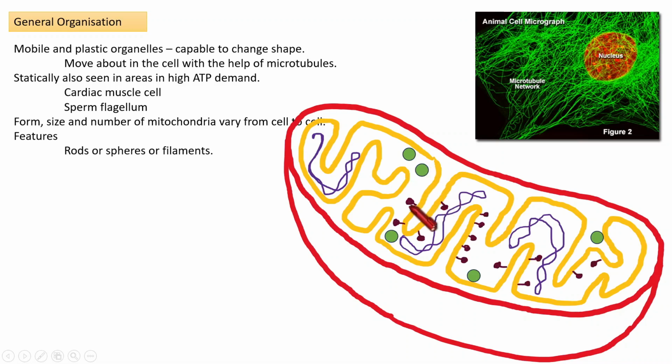Also, in those foldings we can find tennis racket like structures called ATP synthase, or F1 F0 particles.